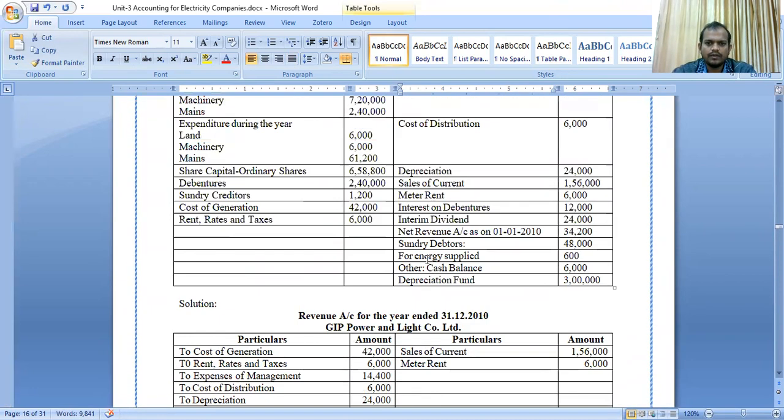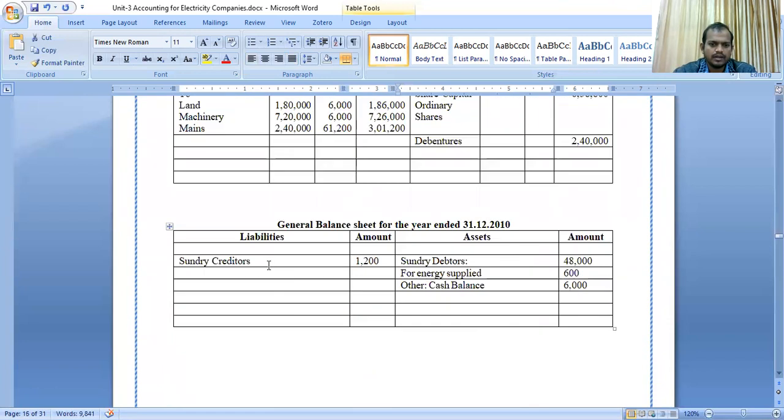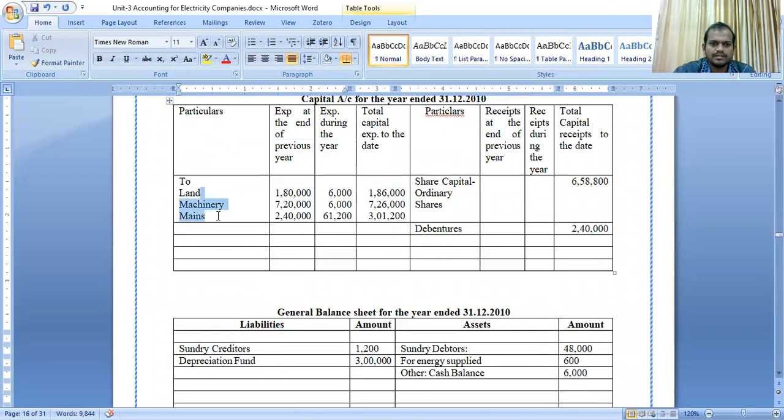So another one is depreciation fund, 3 lakhs rupees. So as per the procedure, we have to mention it in the liabilities of the general balance sheet, because we do not deduct the amount directly from the assets. Okay, we have to show the full value of the asset in the balance sheet.